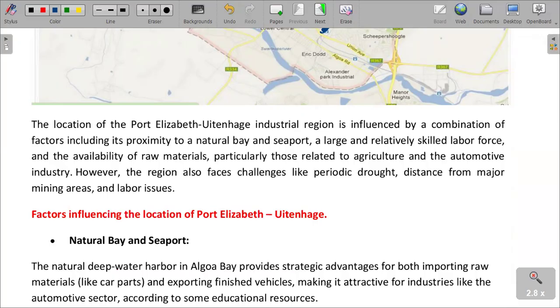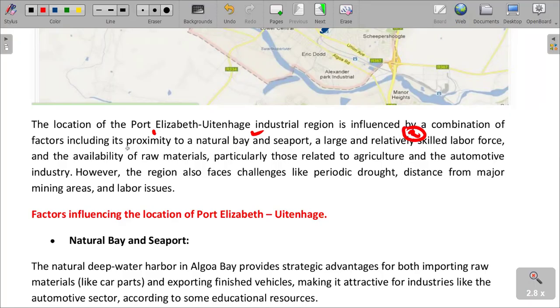Let us quickly look into the location of Port Elizabeth's industrial region, which is influenced by a combination of factors. First, there is proximity to a natural bay and seaport. Second, a large and relatively skilled labor force is available in Port Elizabeth.